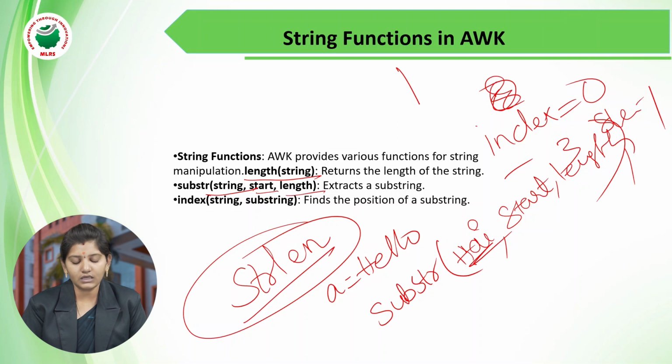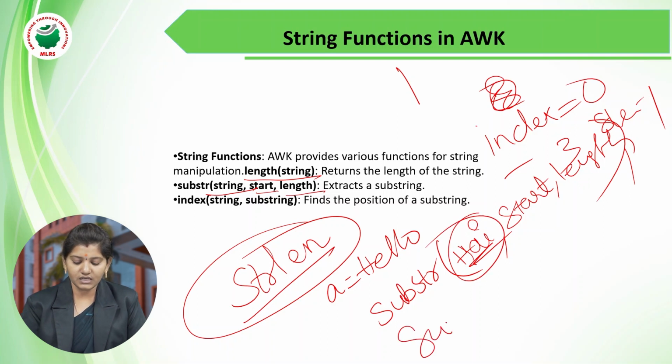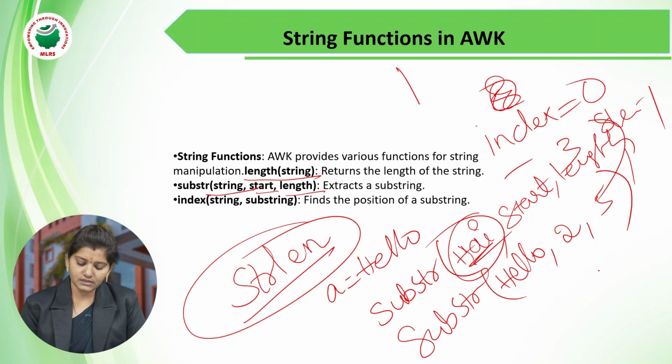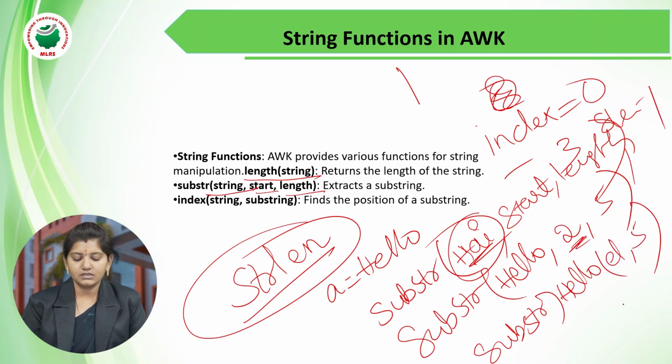So if we extract from the same string hello, starting from 2 with length 5, the output gives us only the letters EL. This is how we extract the substring.